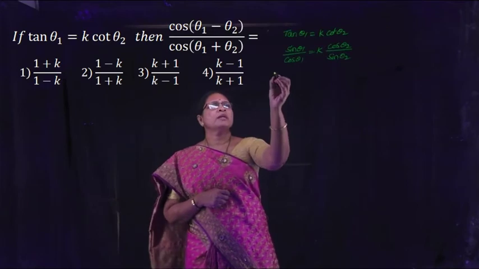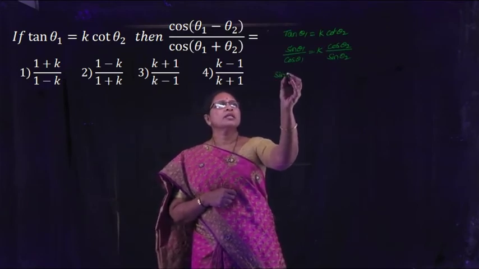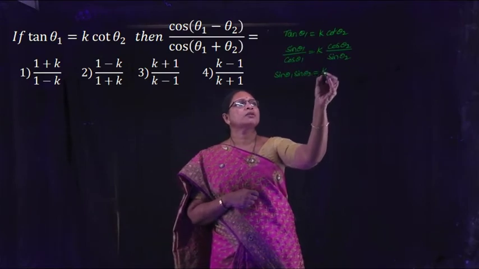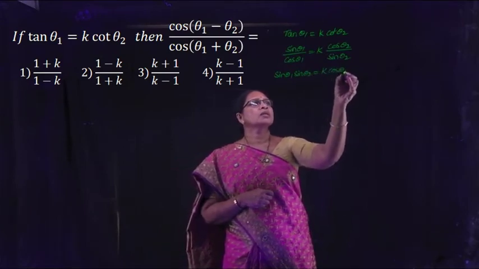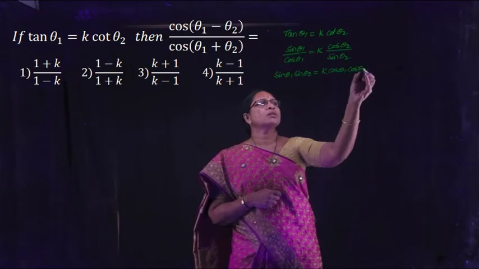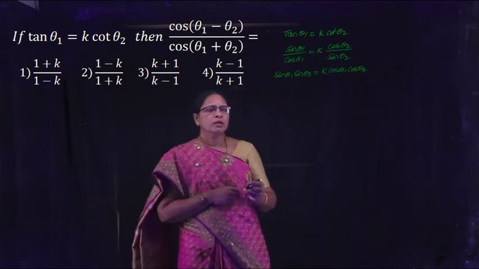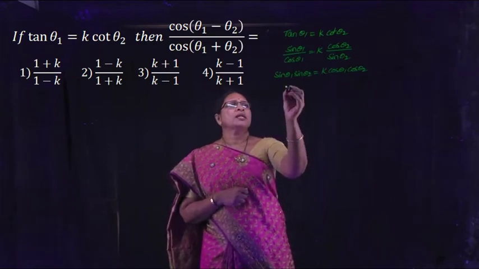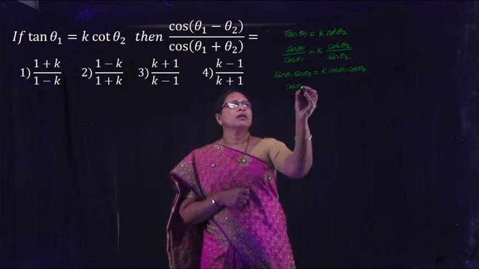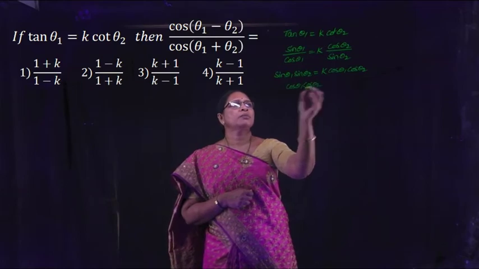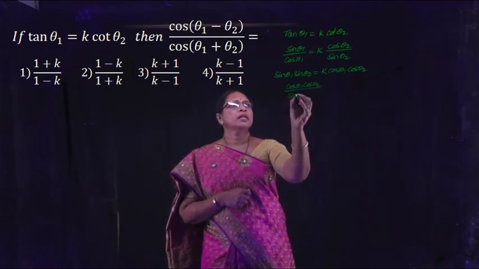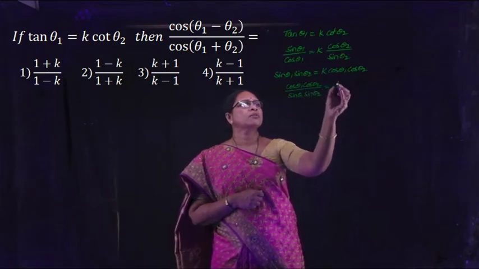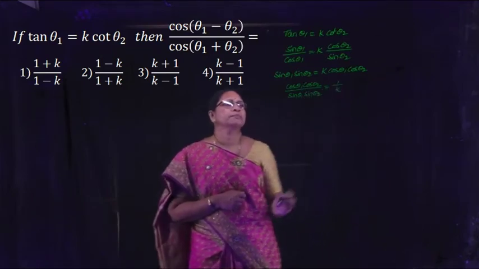By cross multiplying we get sin theta 1 into sin theta 2 is equal to k into cos theta 1 into cos theta 2. Rearranging the given equation, we get cos theta 1 cos theta 2 by sin theta 1 sin theta 2 is equal to 1 by k.